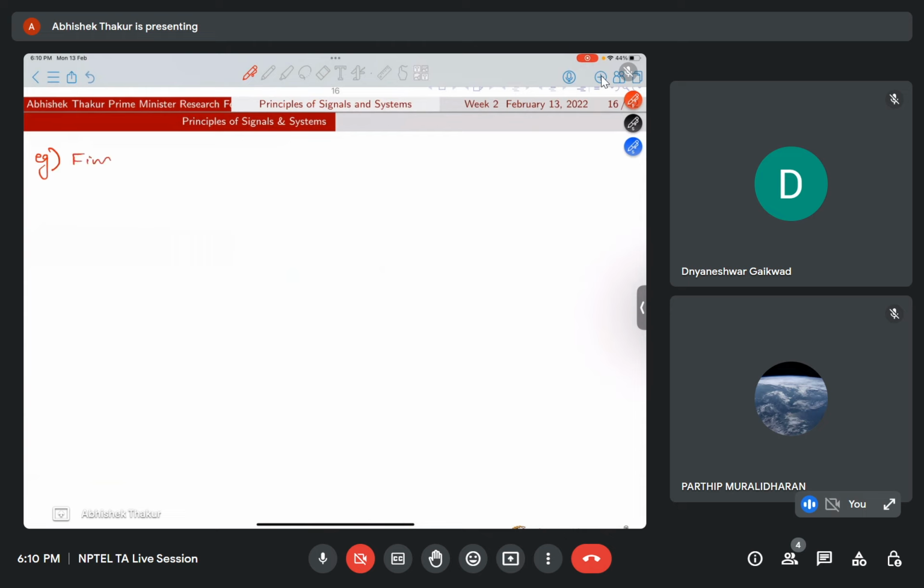Find the response of a continuous time LTI system with input xt and impulse response ht as shown below.